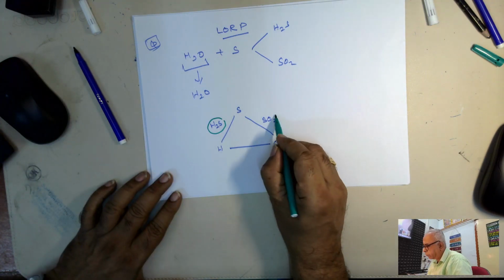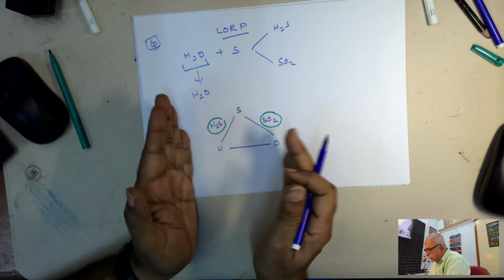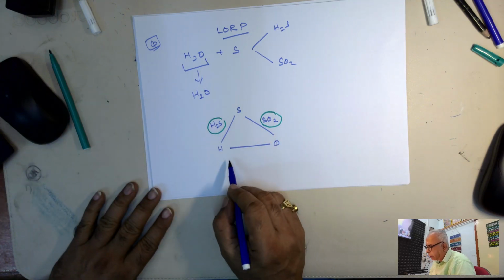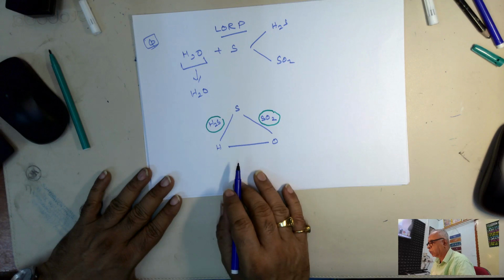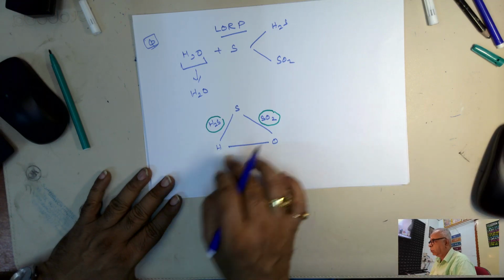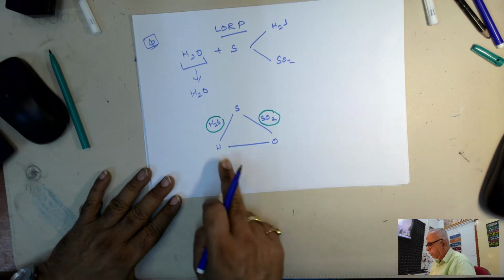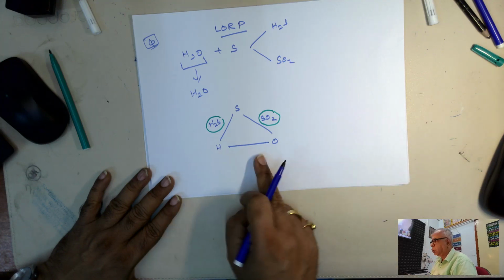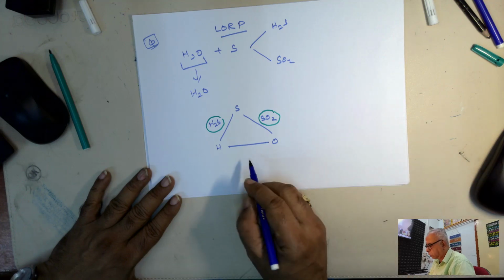And among themselves, A and B, they can form a compound in a particular fashion also. Now we have to prove that. We have to justify this statement. So definitely, these two should form water, is it not?